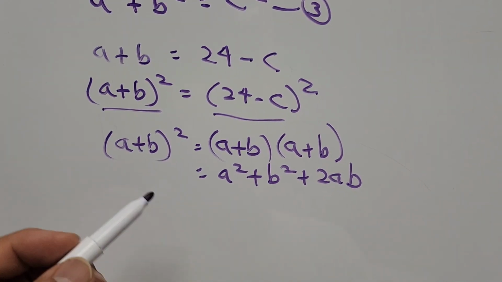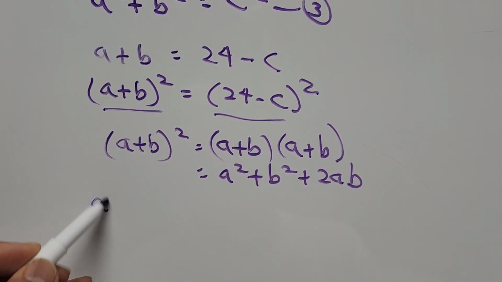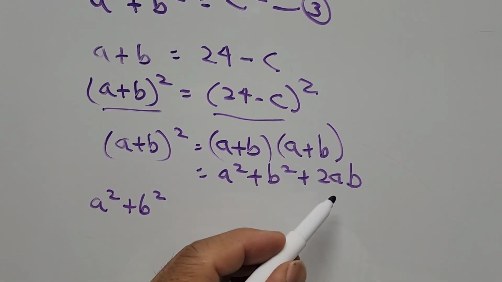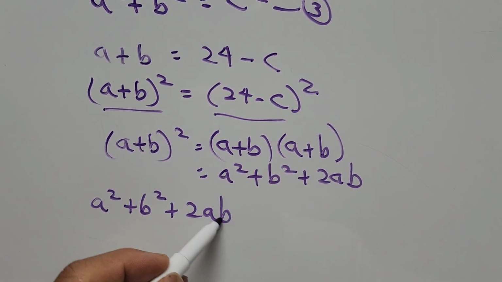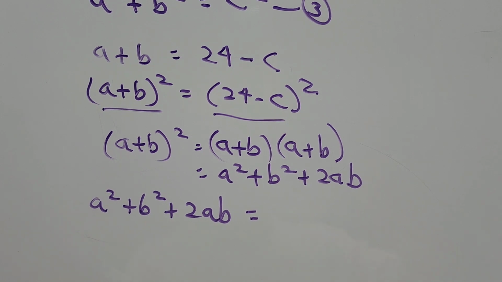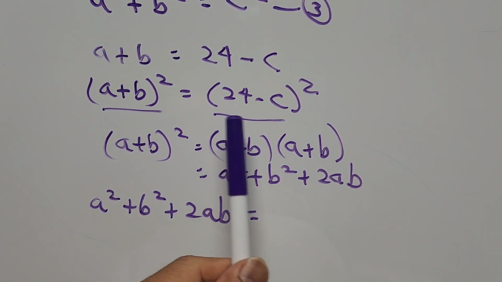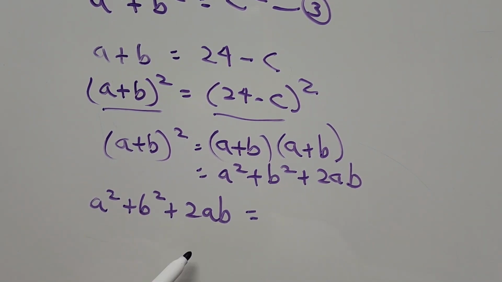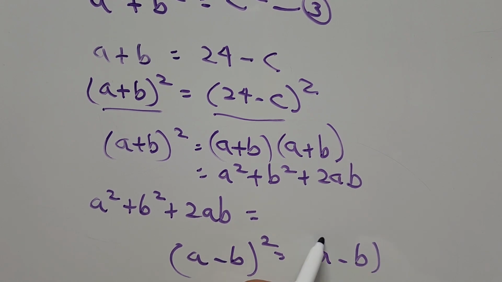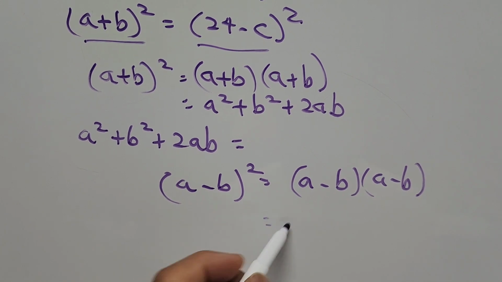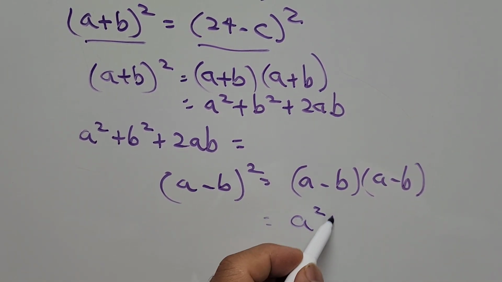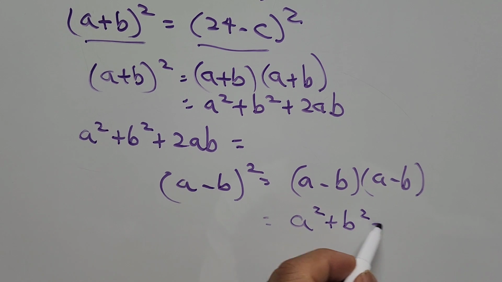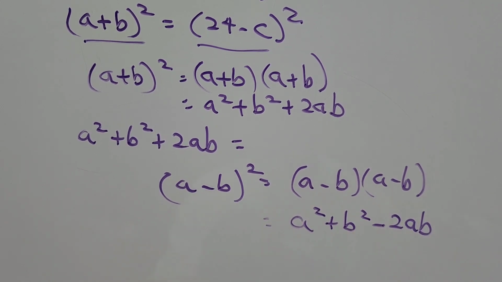So the left-hand side of the equation is now A squared plus B squared plus 2AB. The right-hand side, the square of 24 minus C, follows the pattern A minus B squared, which is equal to A minus B times A minus B, which is A squared plus B squared minus 2AB.